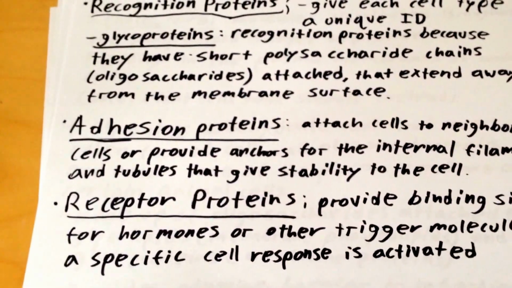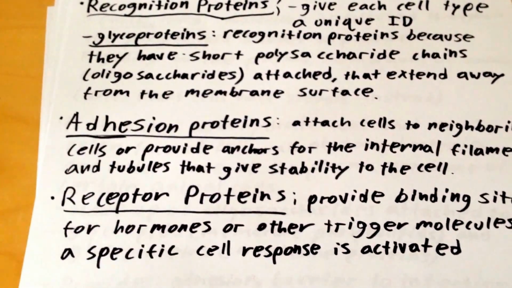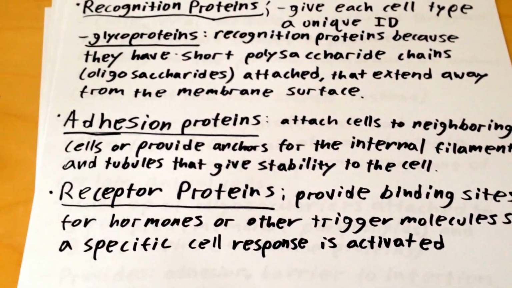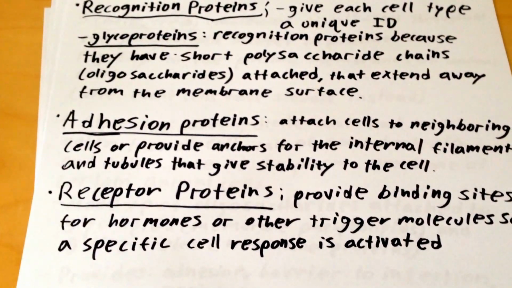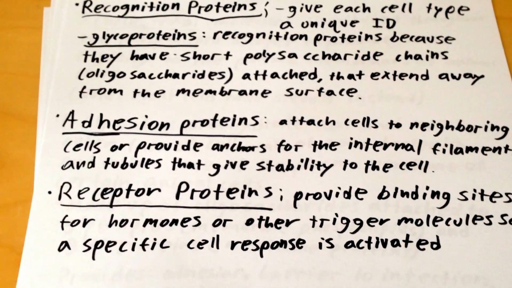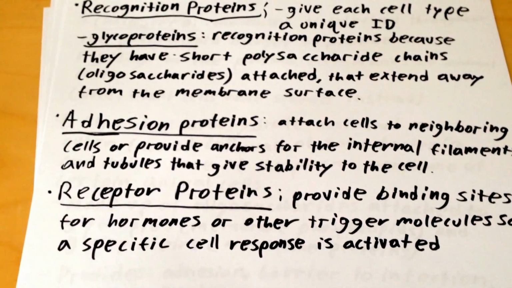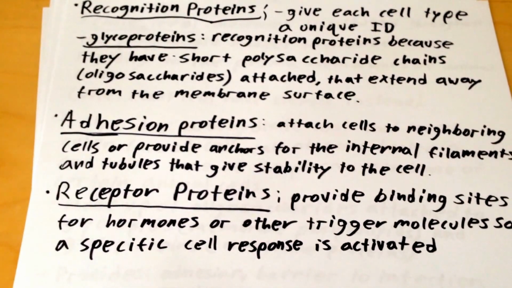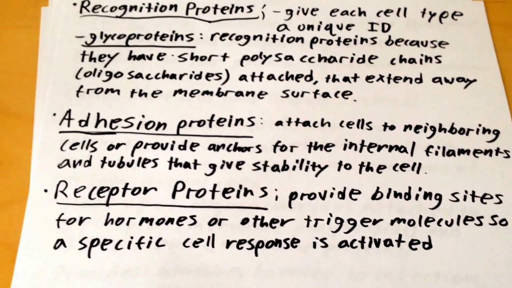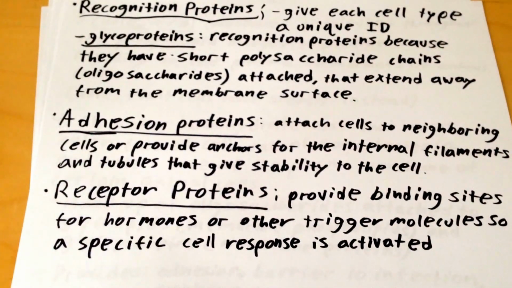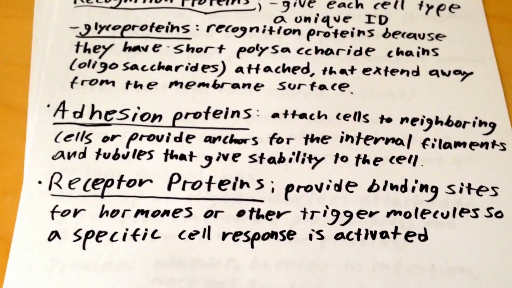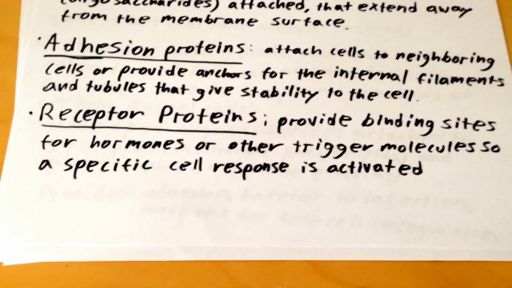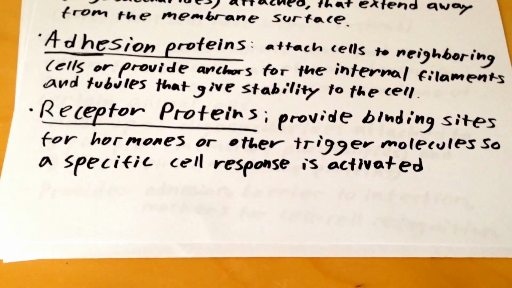Another type of protein that we have is called a recognition protein. This gives each cell type a specific ID. These are called glycoproteins because they have short polysaccharide chains called oligosaccharides, and they're attached so that they extend away from the membrane surface. Another kind of protein is adhesion proteins.